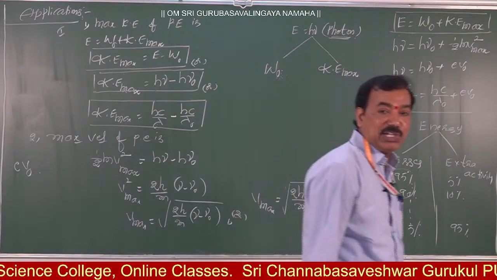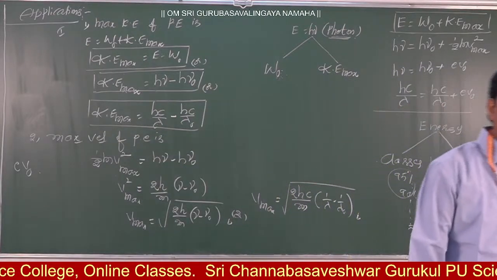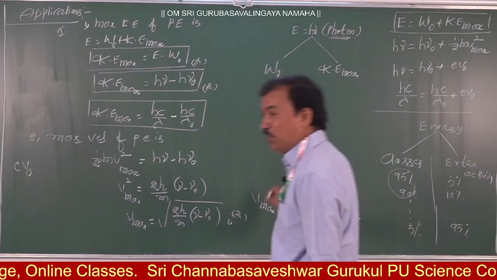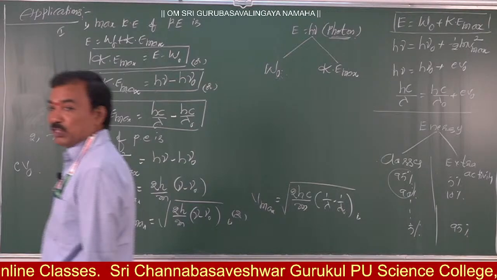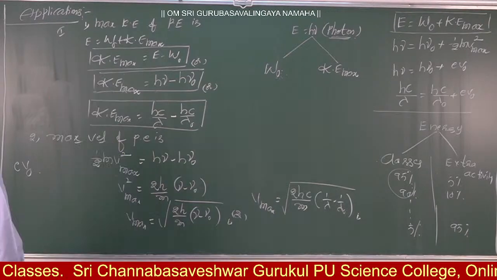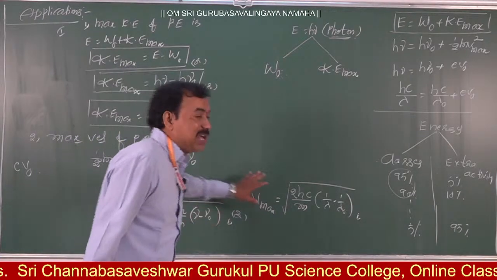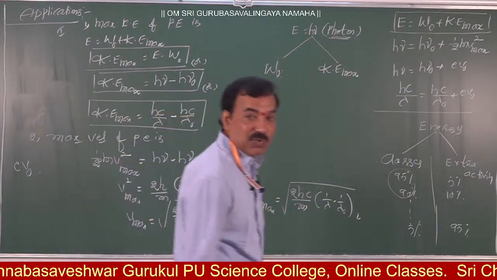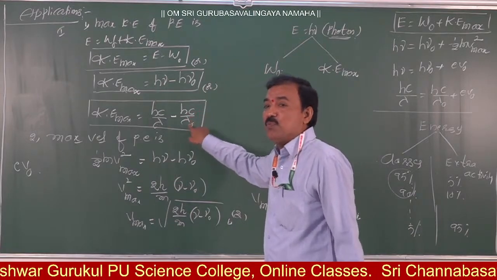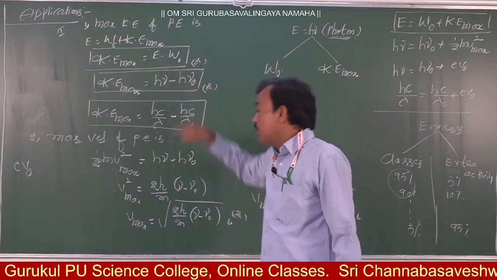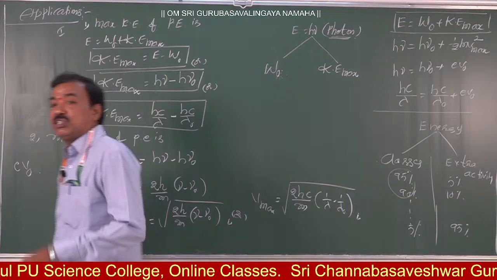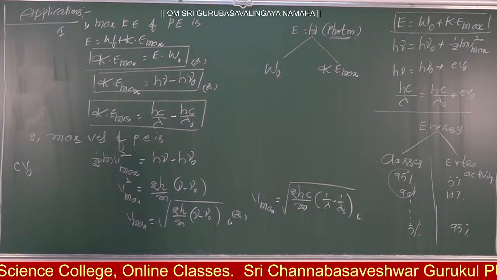This is the maximum velocity of the photoelectrons in terms of the wavelength. So whenever the wavelength is given and you have to find the maximum velocity, you have to use this equation directly. This is the first application, second point. So the first point is the maximum energy of electrons, the second is the maximum velocity of the photoelectrons. Okay, next, second application.